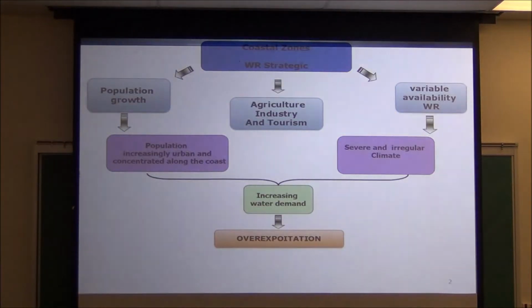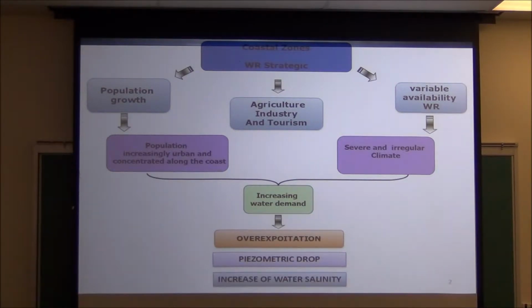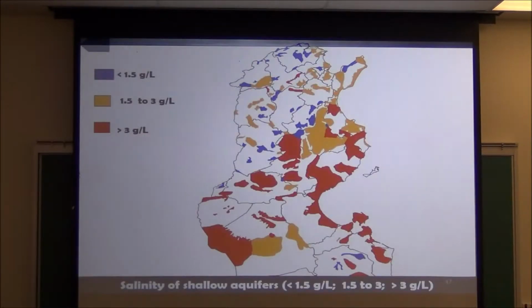And this overexploitation caused a piezometric drop for almost all of the coastal aquifers, and as a consequence of this piezometric drop, we have an increase in the salinity of water. And here we have the map of the salinity of aquifers, and the aquifers in red have salinity of more than 3 grams per liter.